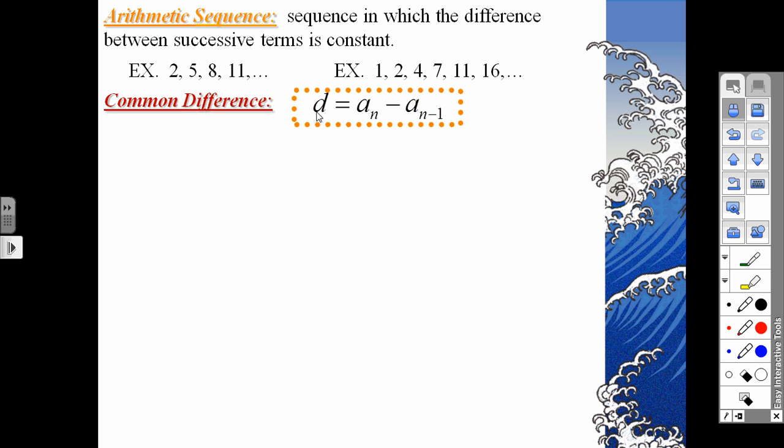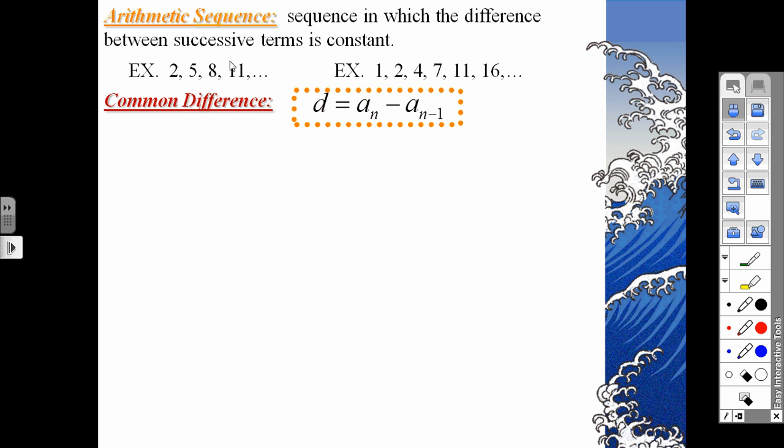The way we define this, d is equal to a sub n minus a sub n minus 1. What does this mean? Remember that a sub n is just a generic term in your sequence. n minus 1 means the term before it. So if you take one term and subtract the term before it, you get the same thing every single time. It's called a common difference.